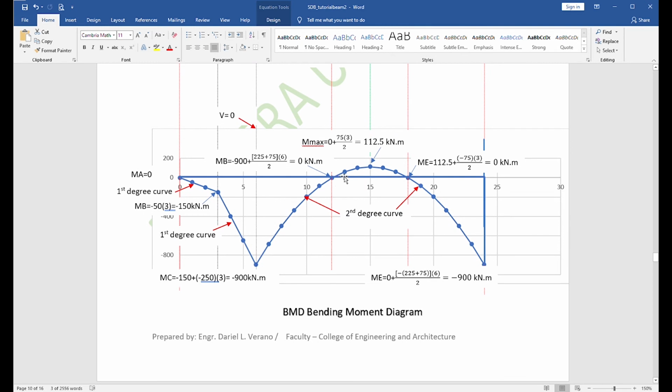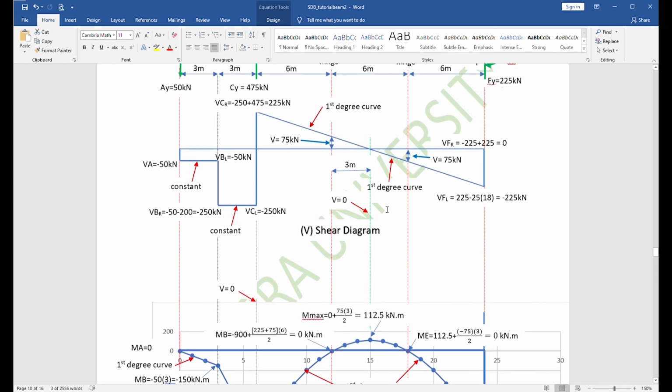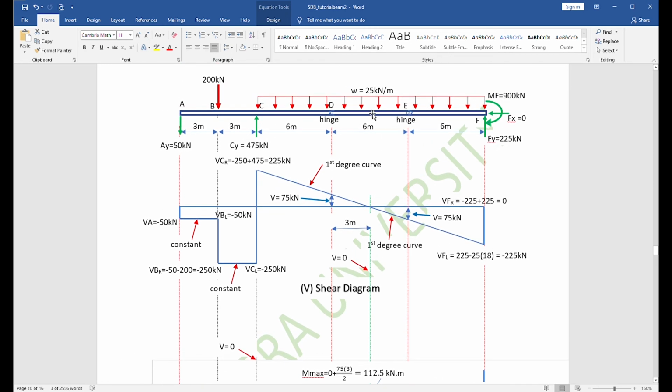Okay, so next, how about the maximum moment? So maximum moment is being solved at the location of zero shear. So ang zero shear natin nandito sa midway between D and E. Kapag similar triangle ang kinuha natin, 225 ito, then 225 din ito, ibig sabihin, nandito siya sa gitna. No?